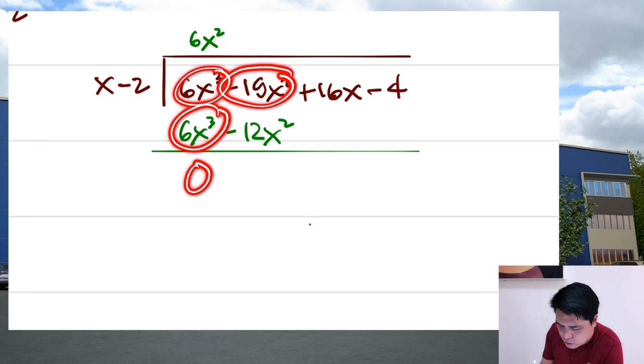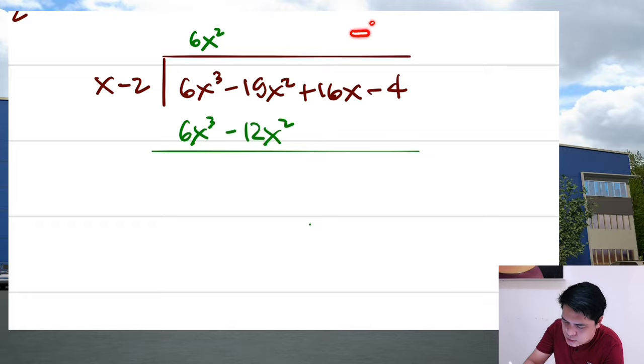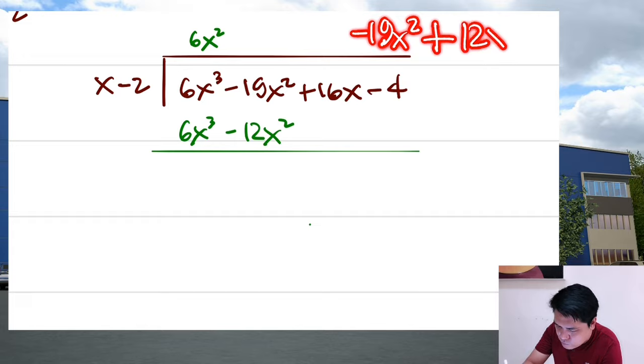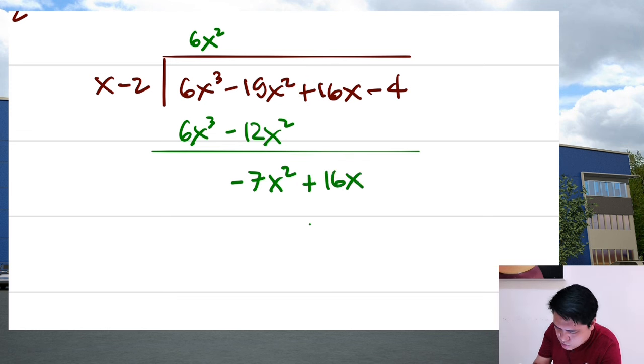Then we subtract this from this: negative 19x squared minus negative 12x squared. So negative 19 plus 12 would be negative 7, so negative 7x squared. Then the same procedure, we just repeat. But before that, let's bring down the next term, plus 16x.